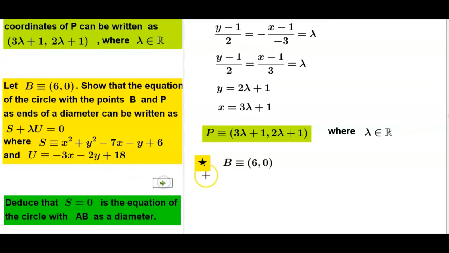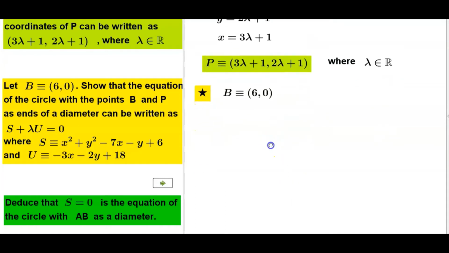We are given one of the points, B (6, 0), such that B and P are the ends of a diameter of the circle. Now we want to find the equation of the circle passing through the two points B and P. B is (6, 0) and P is (3 lambda plus 1, 2 lambda plus 1).